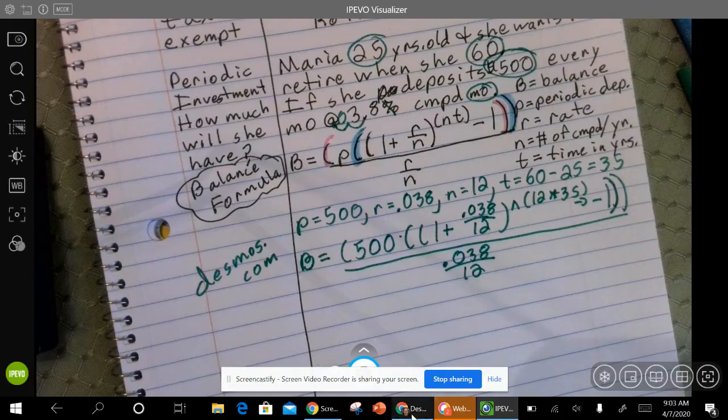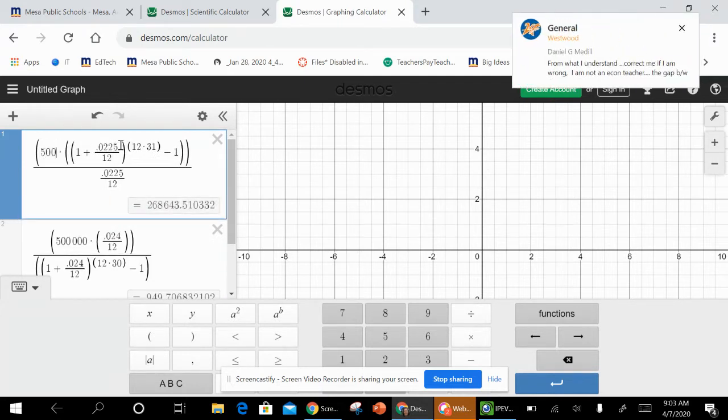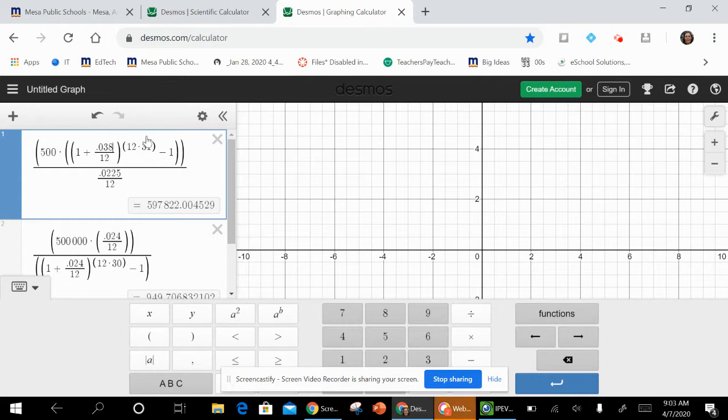Okay, let's go to decimals. So she wants to deposit $500, and you go in and change the rate. Create. It's going to be for 35 years.